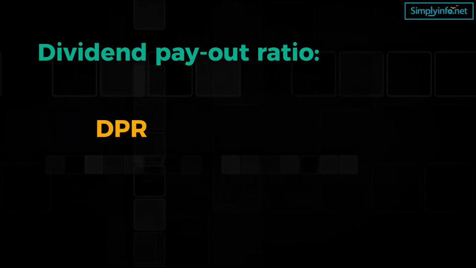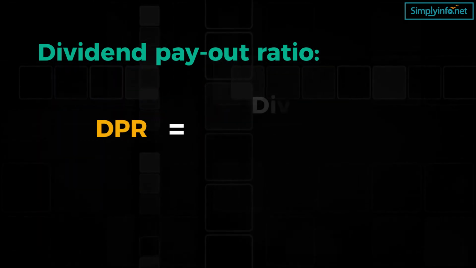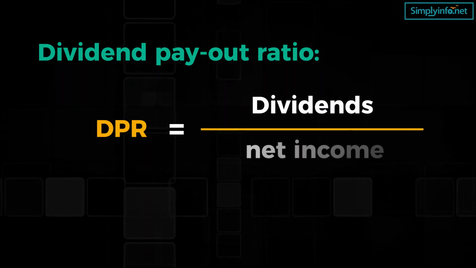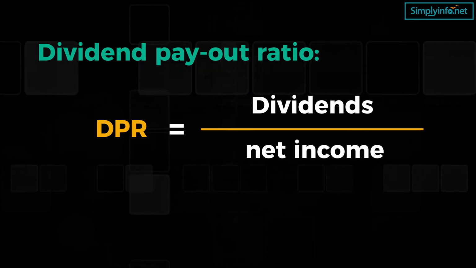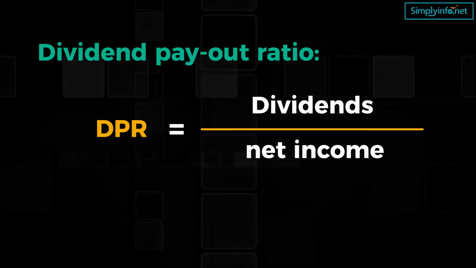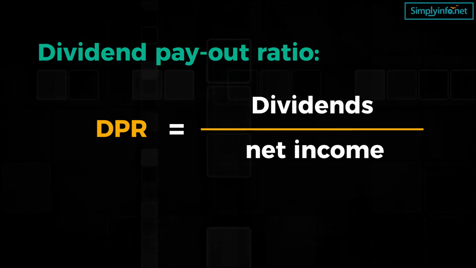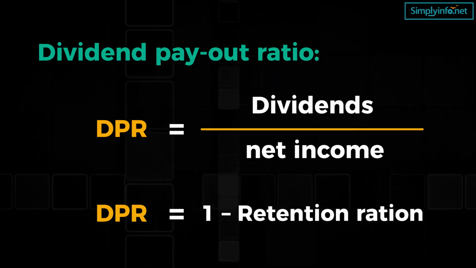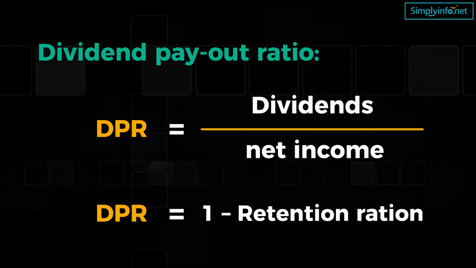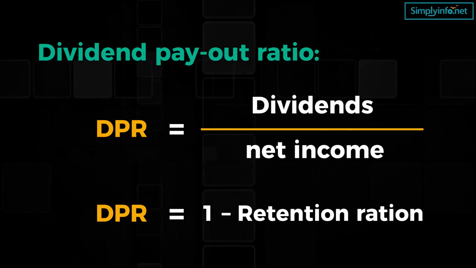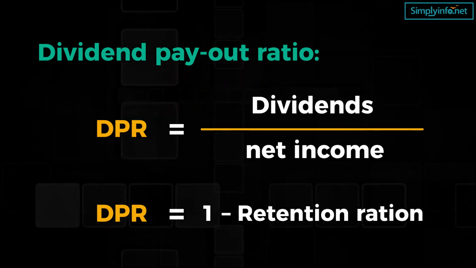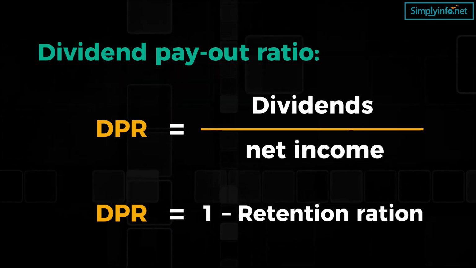DPR, that is dividend payout ratio, is equal to dividends, or dividends per share, divided by net income, or the earnings per share. The other formula that can be used to calculate DPR is DPR equals 1 minus retention ratio. Retention ratio measures the percentage of net income that is kept by the company as retained earnings and is the opposite of the dividend payout ratio.